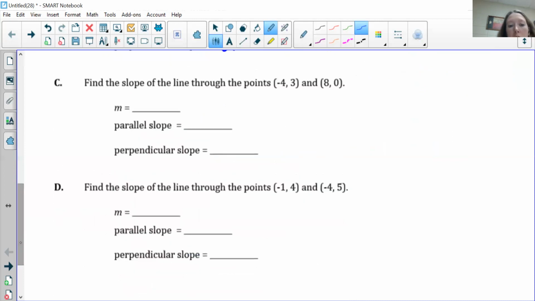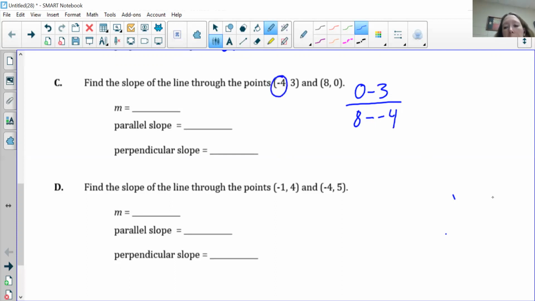Find the slope of the line through the points (-4, 3) and (8, 0). Sorry, (8, 0). y2, which is 0, minus y1, which is 3, over x2, which is 8, minus x1, which is -4. Make sure you get both minus signs in there because it's minus a -4.